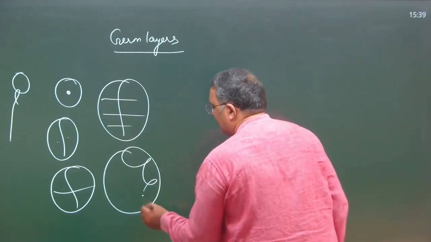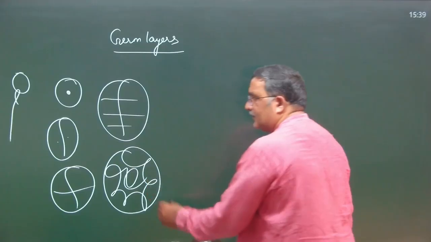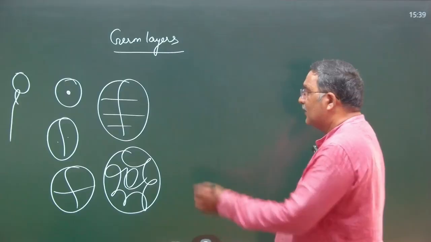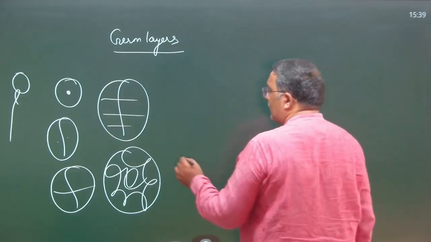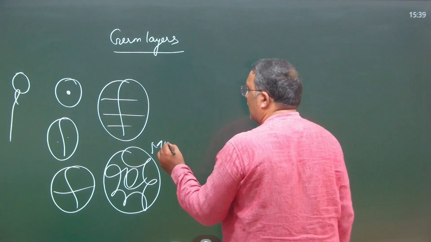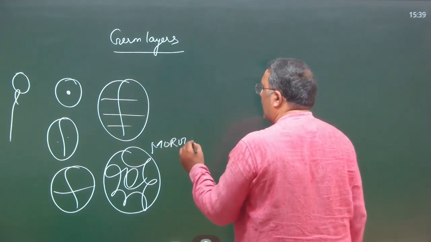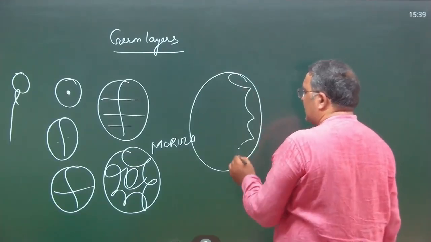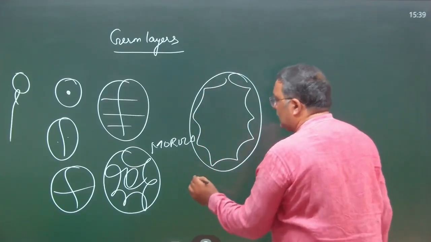Likewise, a structure called morula forms. No need to remember the names here; for continuation, we are saying this is the morula. The stage we call morula soon transforms into a structure called blastula.